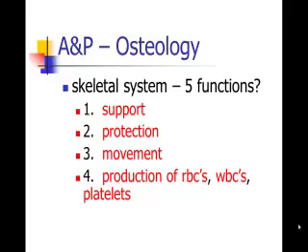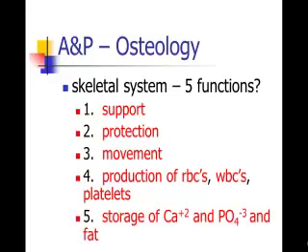With the exception, there are some white blood cells produced out in the lymphatic tissues, but they all begin in the bones. And no, not food. What's the other one? Okay, right. Storage of calcium and phosphate, and also we store fat in the bones, in the bone marrow. So what we'll do is address each of these functions in turn.